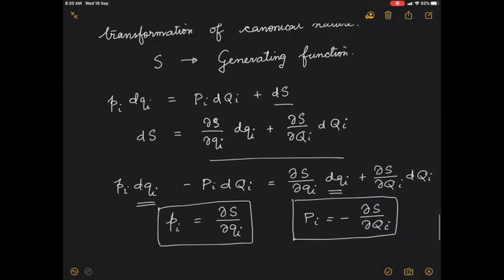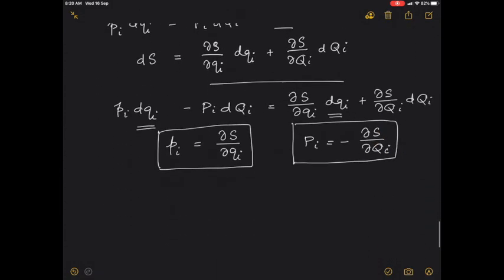Now the question is that if I choose an S, what are the transformations, or vice versa? For example, if I wanted my new canonical momenta to be constant, should I choose S in a certain way that this Pi becomes constant? And that is one of our goals, one of the examples that we showed earlier.